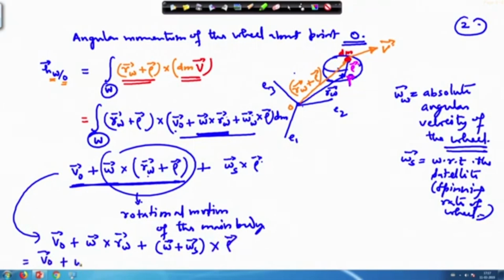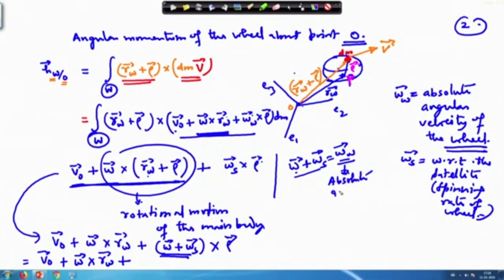So, this becomes v 0 plus omega cross r w plus this quantity, which is the absolute angular velocity. Omega is the angular velocity of the satellite. To this, if we add the spin of the wheel with respect to the satellite, that becomes the angular velocity of the wheel with respect to the inertial frame. Okay. So, this becomes the absolute angular velocity.